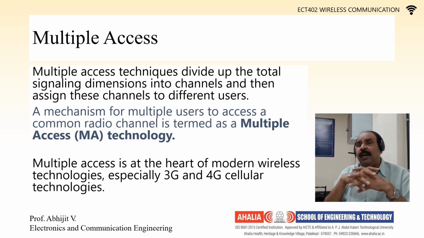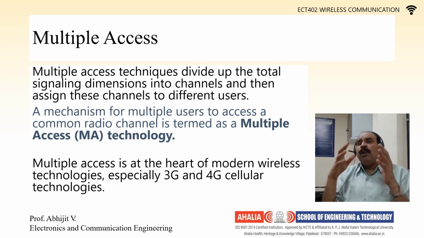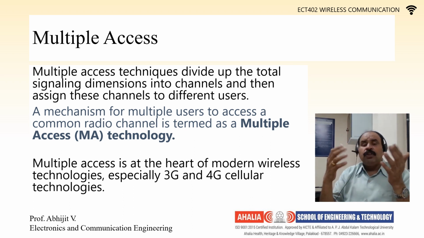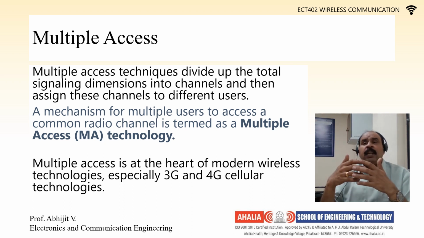We have another kind of technology which we'll be seeing, which is the exact contrast of multiple access technology. One of the reasons why we have a huge data rate and high capacity systems in 3G and 4G mobile communication is because we started using multiple access technologies.